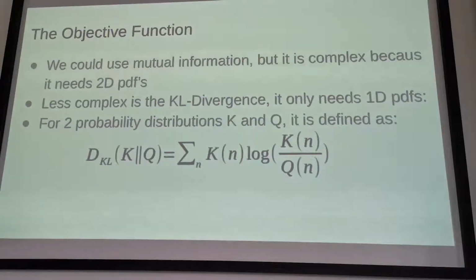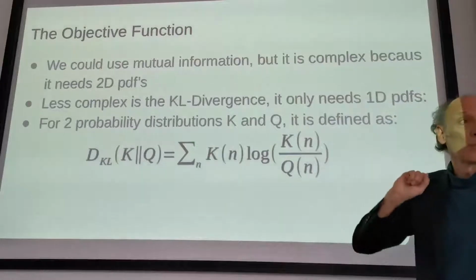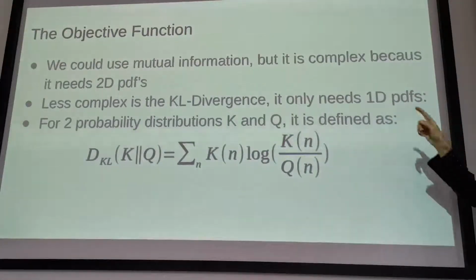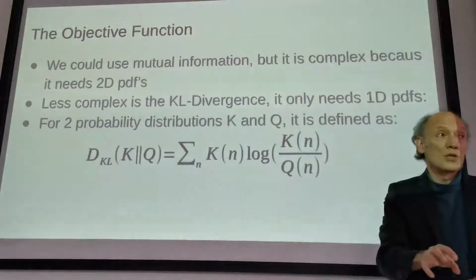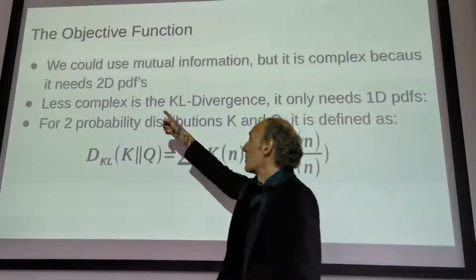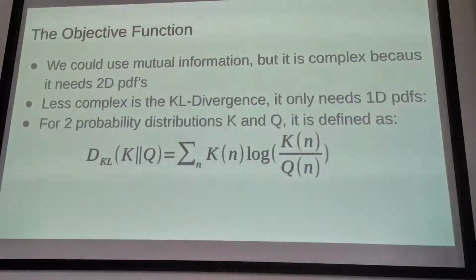Yeah, I mentioned the objective function. So we could use mutual information, which is quite a common information theoretic term, but it's actually quite complex to compute, because for each computation of this mutual information, we need two-dimensional probability density functions. So it's actually quite a lot when you have many samples.